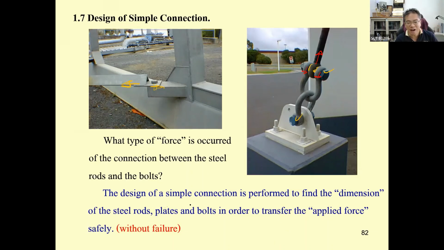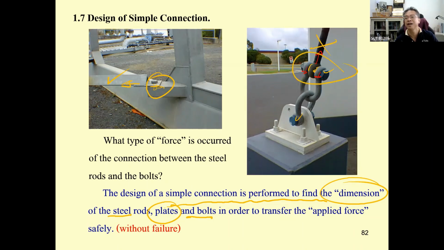The design of a simple connection: we do it to determine the dimensions of the steel rod, of the plate, of the bolt. We consider the area of this, of this, of this. In the design, we determine the cross-sectional area of the bolt, of the structural member.